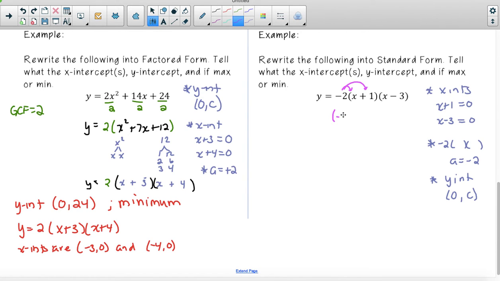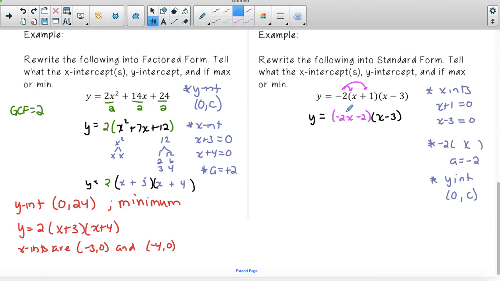I'll have negative 2 times x is negative 2x, and negative 2 times positive 1 is negative 2. We still have that x minus 3 that we have not touched. We still have the y equals. Now to continue, we want to get rid of all the parentheses by taking everything in our first set of parentheses and multiplying it into our second set. So everything gets multiplied.